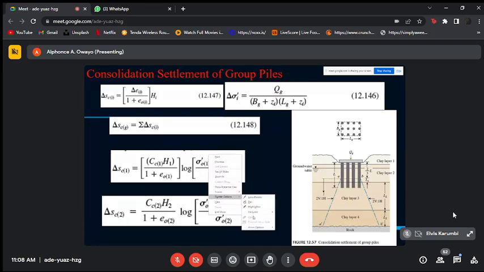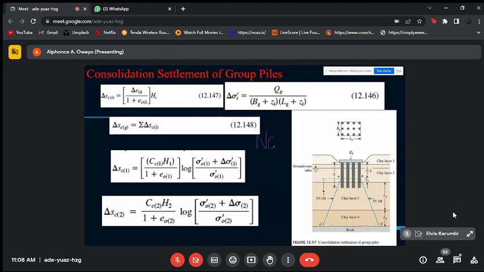This is suitable for normally consolidated clay, and the normally consolidated clay remains normally consolidated even with the application of delta sigma 1.